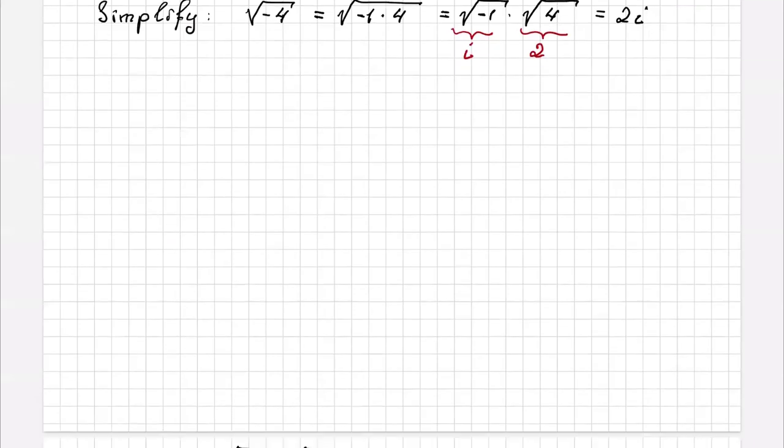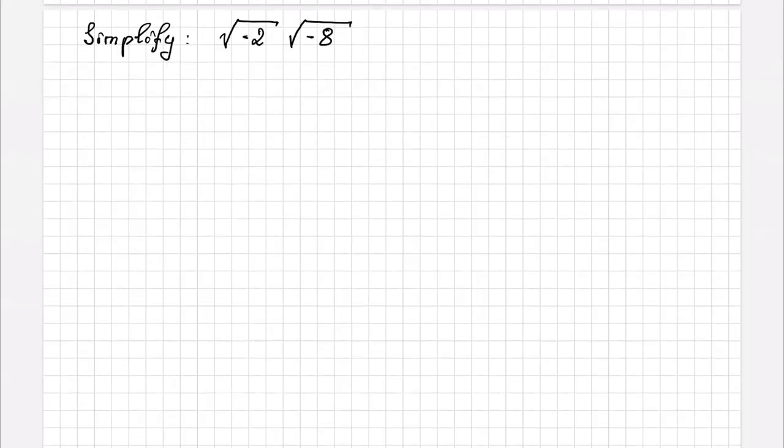What if you have something like this? The square root of negative 2 times the square root of negative 8. Most people say, hey, let's just put them together as one square root and solve it. But in reality, we are not allowed to do that. What do we do? We simplify each of these roots separately and then multiply.